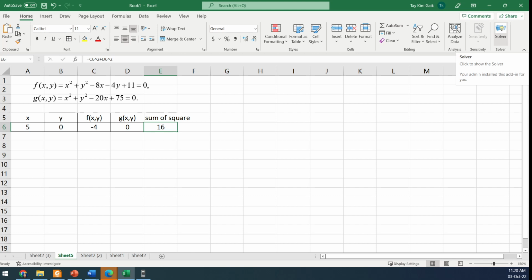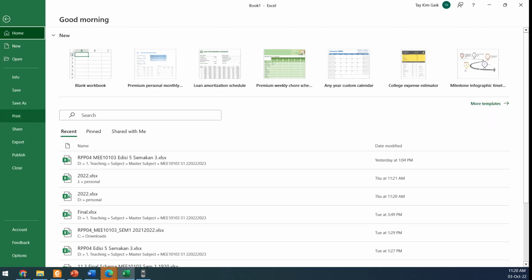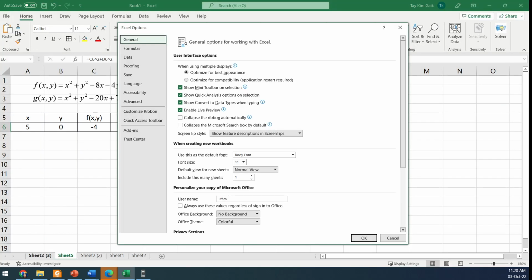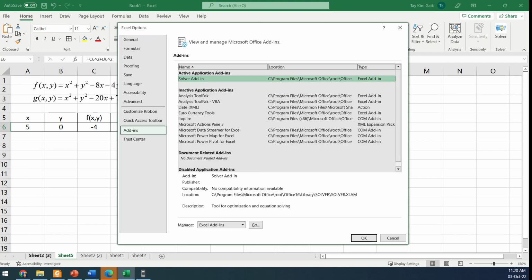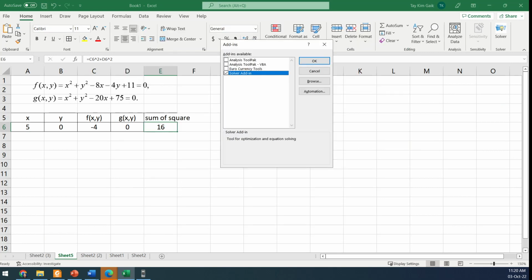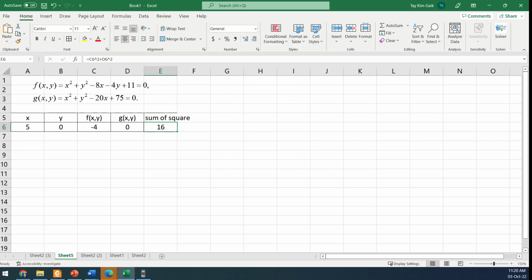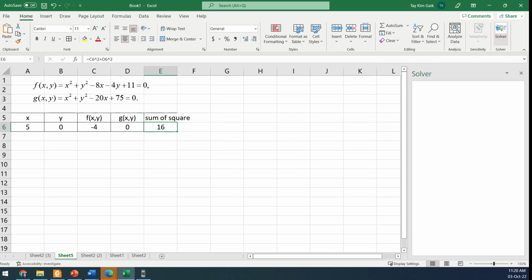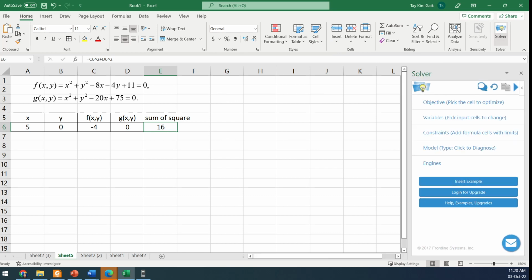If you cannot see the solver in your Microsoft Excel, you go to File, Options, Add-ins, Go, and check the Solver add-in. Then you will see the solver in the apps there, and you click the solver. Mine is Microsoft Office 365.